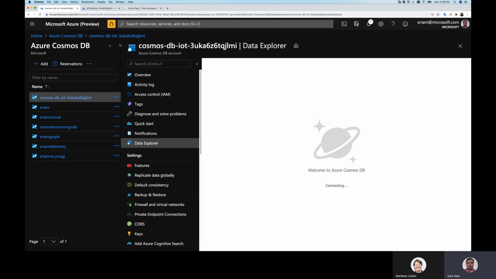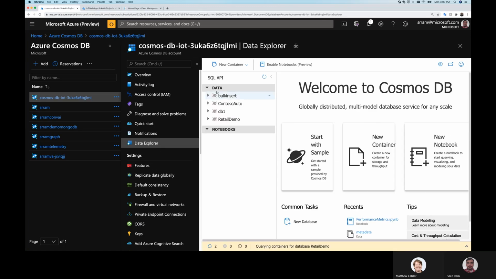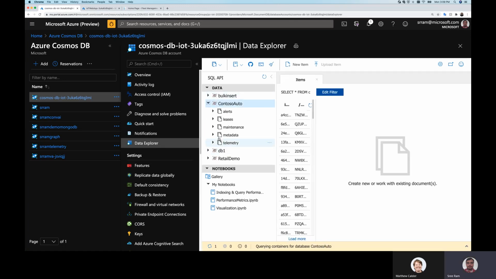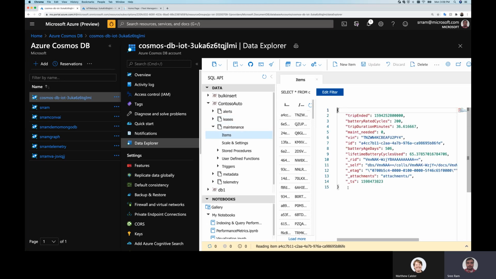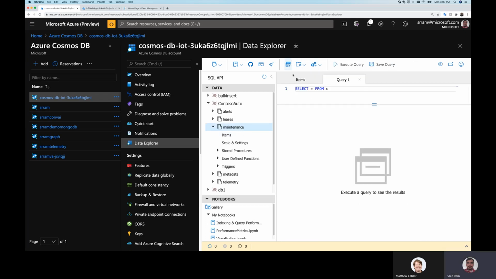So let it pop up. Awesome. So underneath Contoso Auto, we have the container called maintenance. Underneath that, we have items. And as you can imagine, each item is maintained as a key value pair here. And then you can query the items like so.